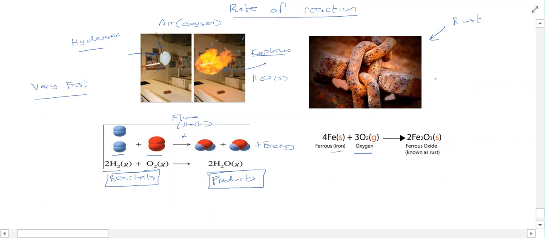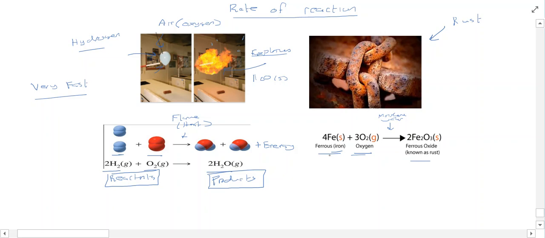Oxygen molecules in the air come into contact with the iron, and you get this chemical reaction. Again, you have the reactants on the left-hand side and the products on the right-hand side. And moisture or water starts this reaction happening.